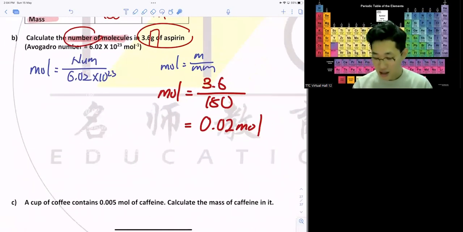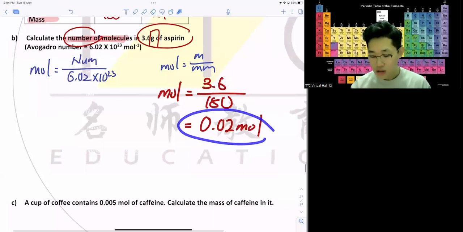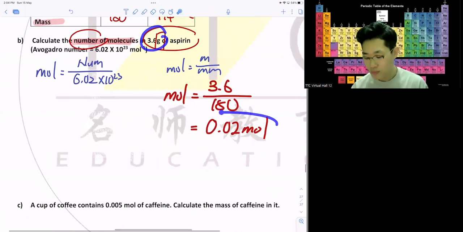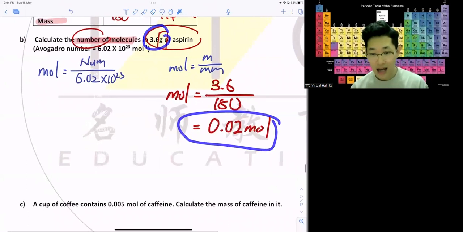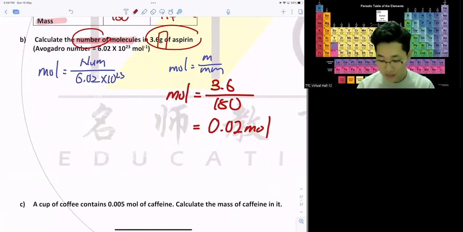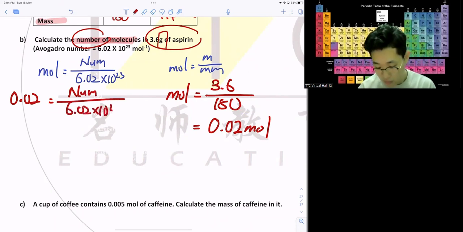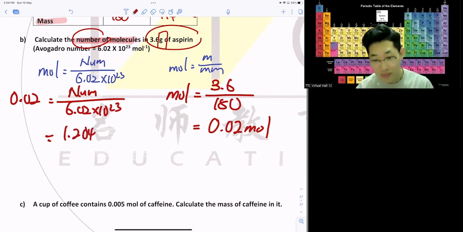Yep. After you got the mole, use the number given to find mole. And then sub the mole in to get 1.204 times 10 to the power of 22 molecules.